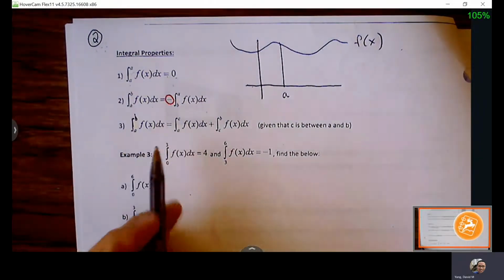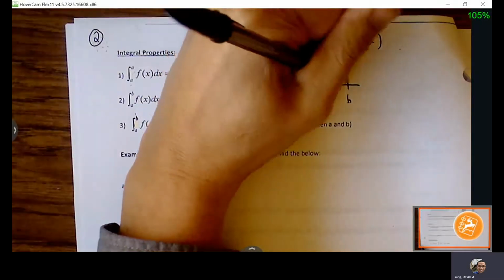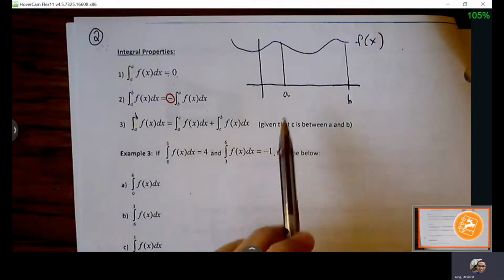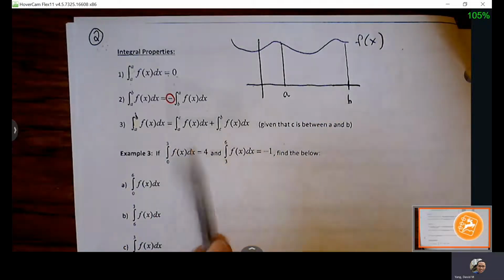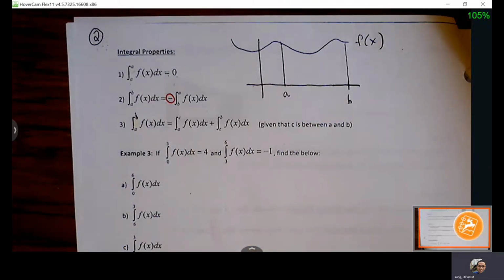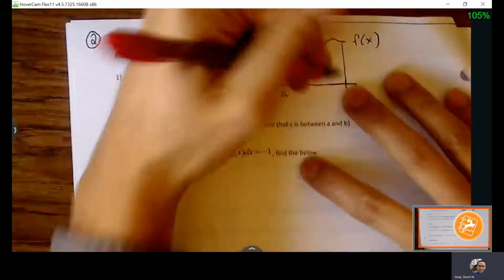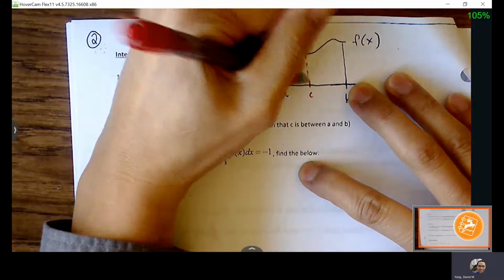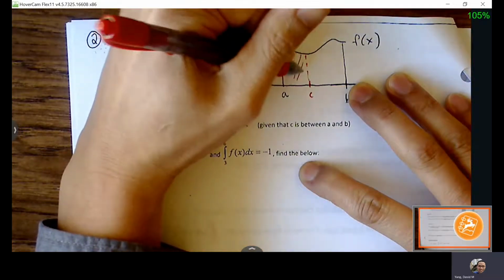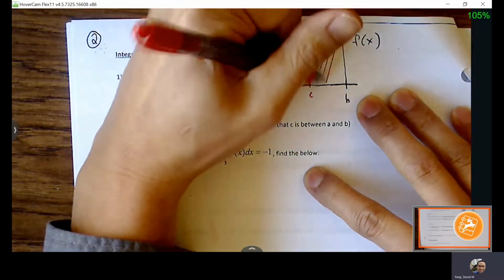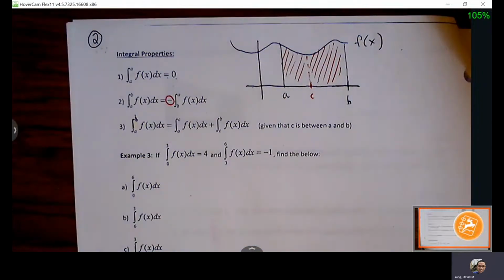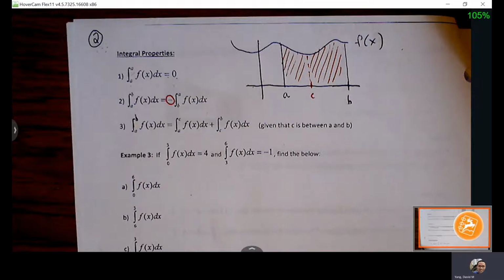So if I have a larger region from A to B, and there's a point in between, I can, if the problem allows, split it into smaller regions. I can find the area of two smaller regions, or multiple smaller regions, individually take care of each of them, and then sum them together.